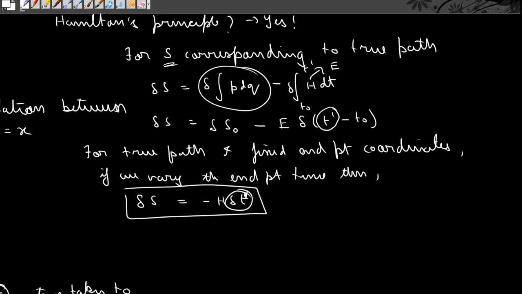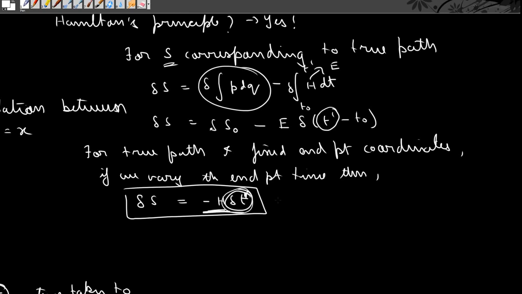If we had known what t dash is precisely, then this variation would be 0, and therefore our variation in the action would be 0, and therefore it represents the correct path. But since we do not know what t dash is, we are free to vary it, and if we vary it, then the variation in S is going to depend in this manner.